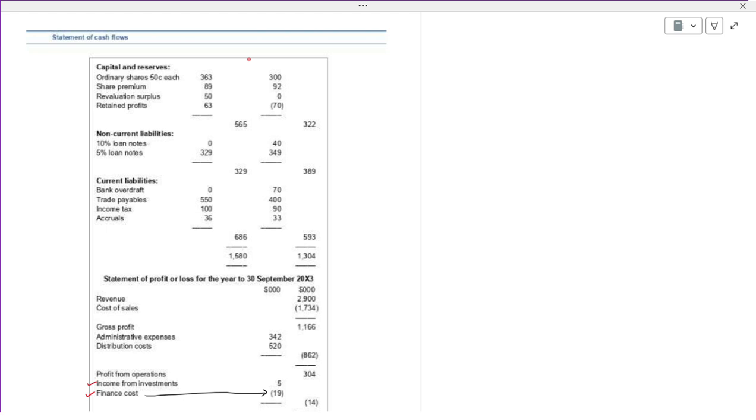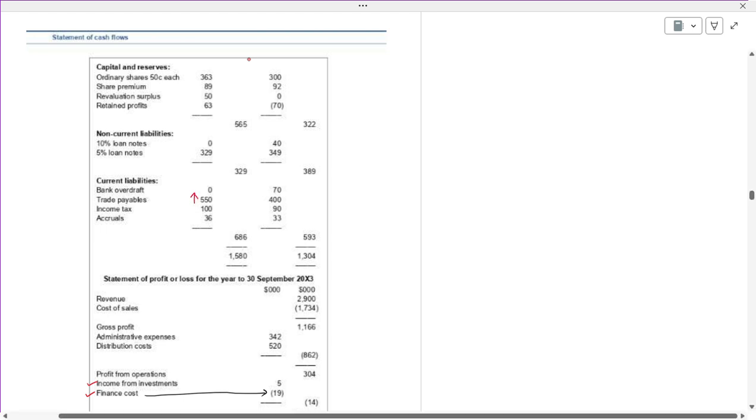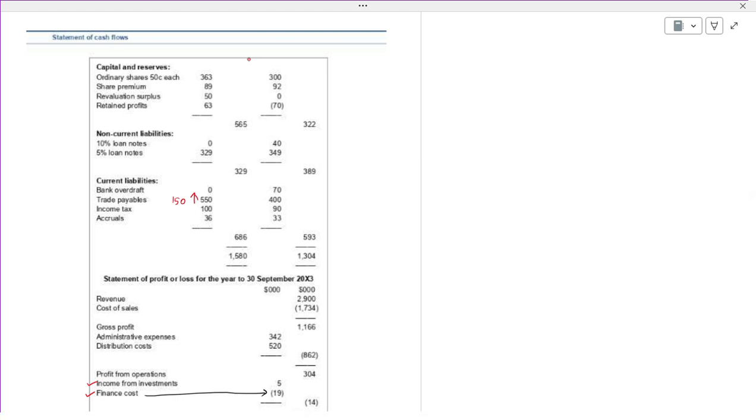Go to the current liabilities, trade payables. What is happening? It is increasing. Increasing by how much? 150. Liability increases, cash will increase.